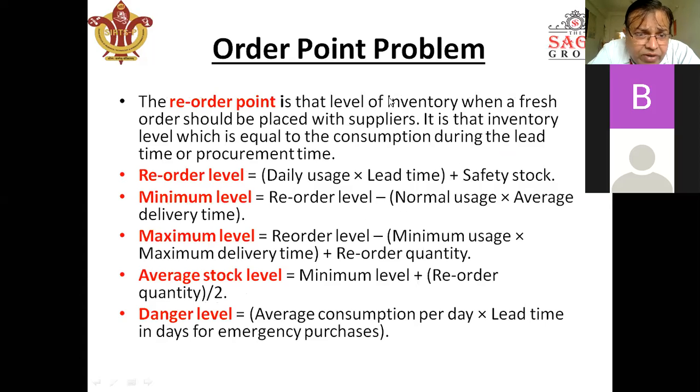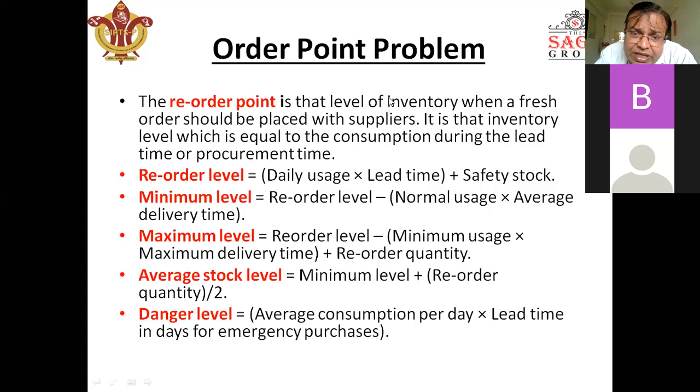So reorder level is daily usage into lead time plus safety stock. Safety stock is whatever stock is available with you, and you reorder that material using this formula. If daily usage is 5 items, you have 20 items, and lead time is 4 days, then you have to calculate that today you have to give the order, because you will sell 4 items daily, and you have a stock of 20 and the lead time is 4 days.